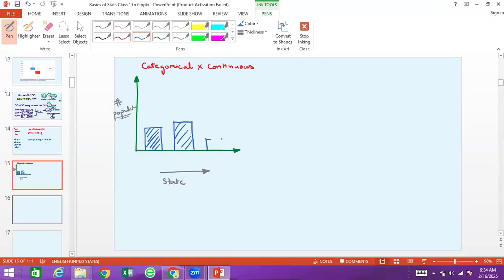Why is population continuous? First of all, can we do any mathematical operation? Yes. Hypothetically, if India's population is 100 and Pakistan's population is 20, and tomorrow we merge India and Pakistan, can I say that the country's population will be 120? Yes.